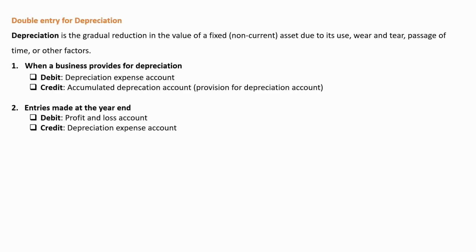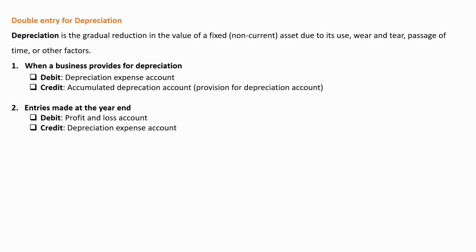You are going to debit profit and loss account, and you're going to credit depreciation expense account. So look at what you have done in number 1. You have debited depreciation expense account. And then in number 2, you have credited depreciation expense account. So what will happen is that the debit side will balance out with the credit side, and you will not have a balance to be taken to the next financial year.